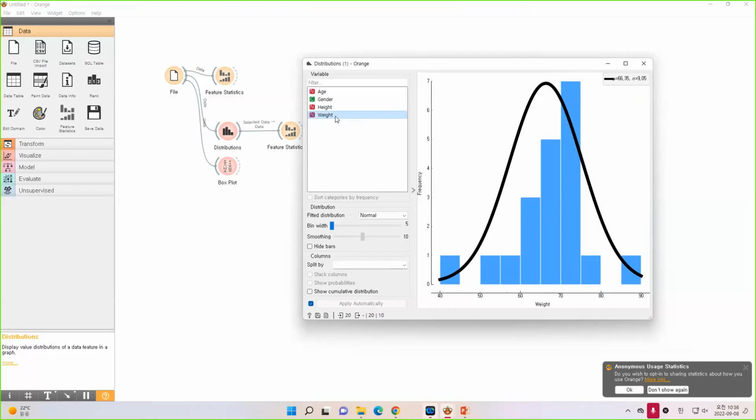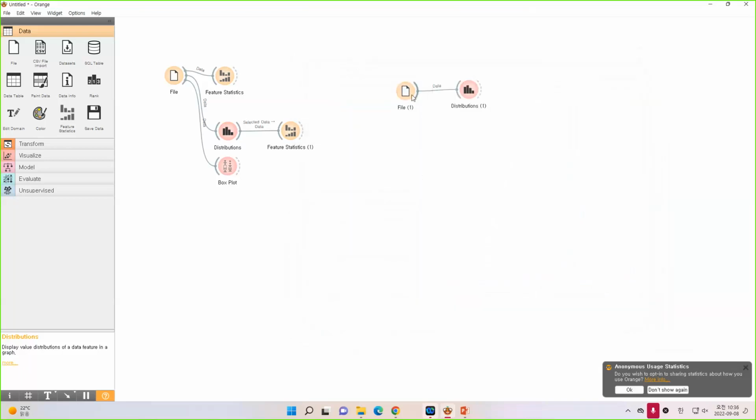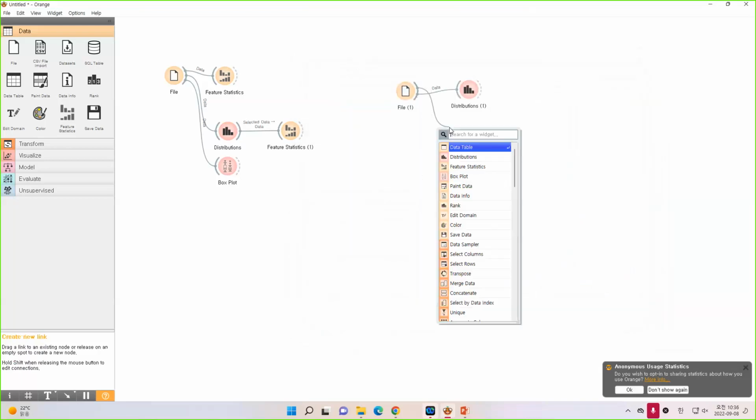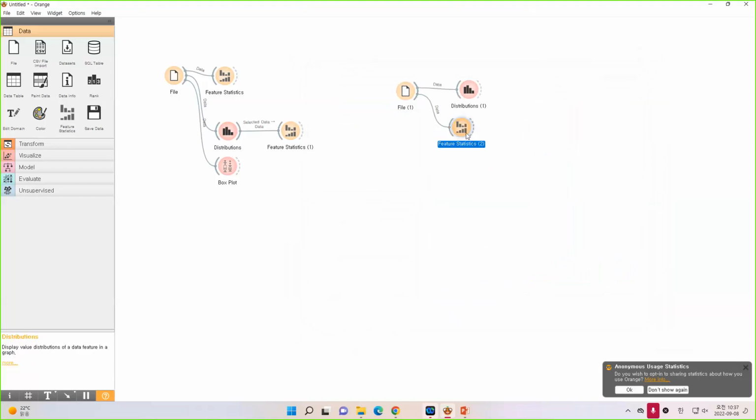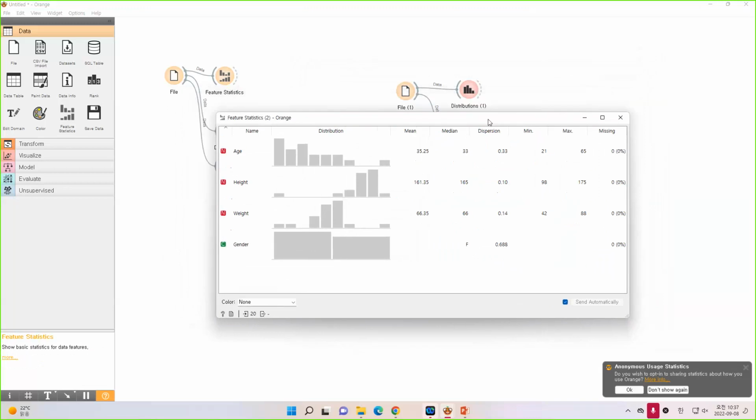This is the mean of the population. But what about the median? You can open the feature statistics, or you can open the box plot, it's up to you. So the mean is 66.35, and then the median is about 66.